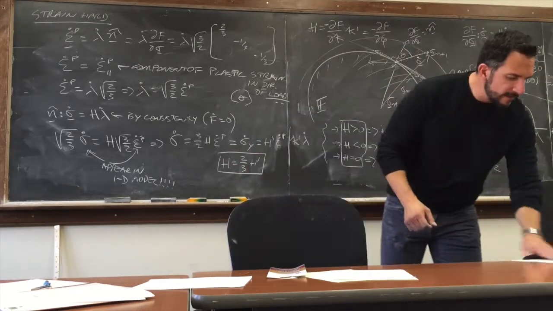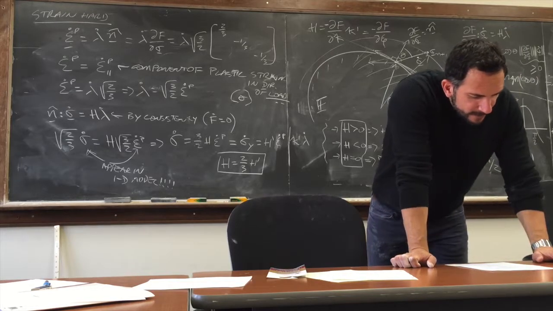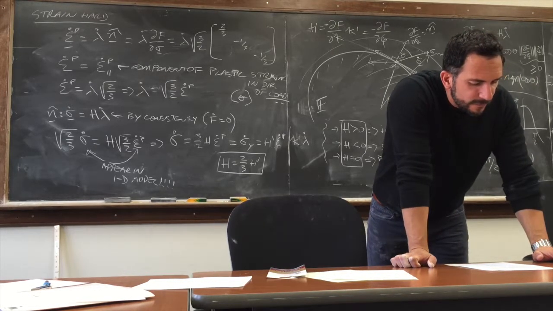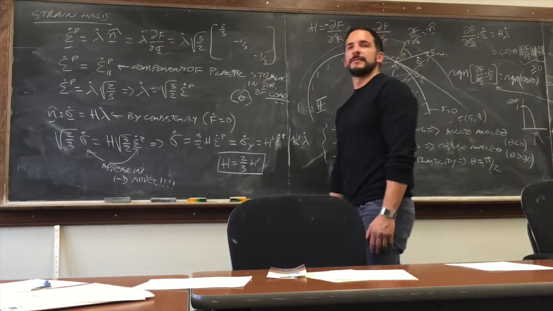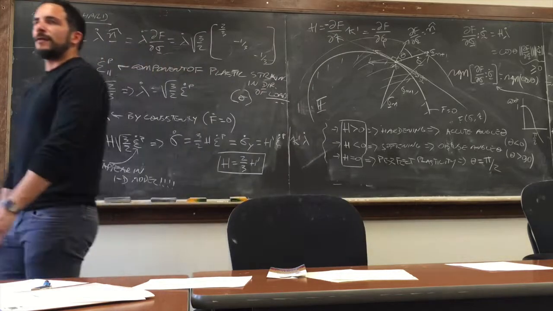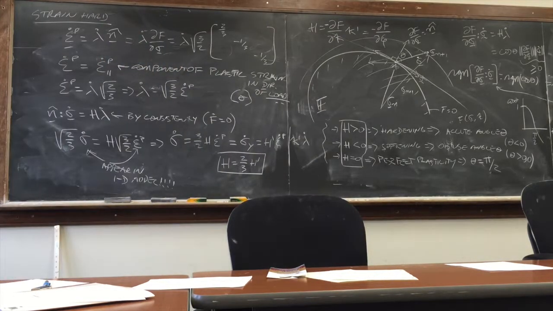For instance, take this. So in your assignment, it says that the tangent modulus of this J2 model is 0.1 of E. So remember that the tangent modulus ET was related to H prime. So if I know ET, I know H prime. If I know H prime, I know H. Okay? So there are ways to calibrate models like this that you need to start feeling comfortable with.